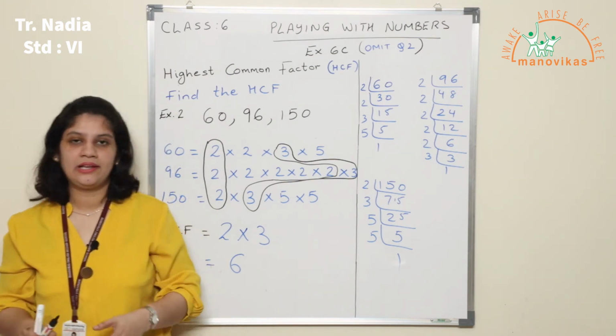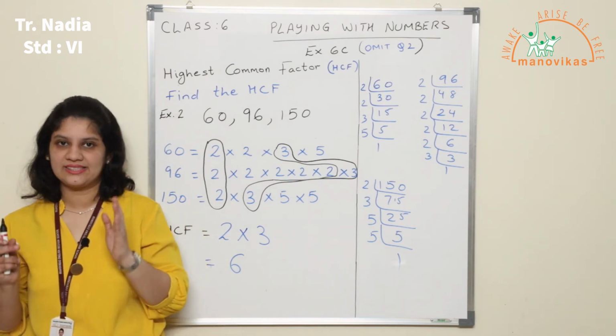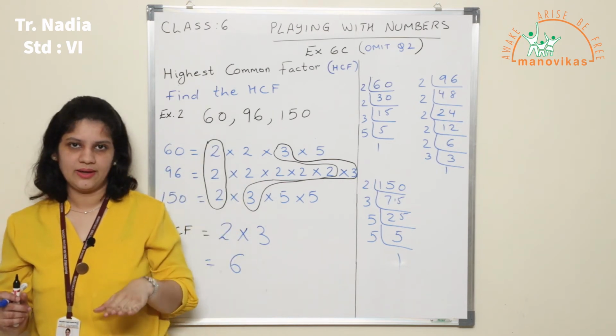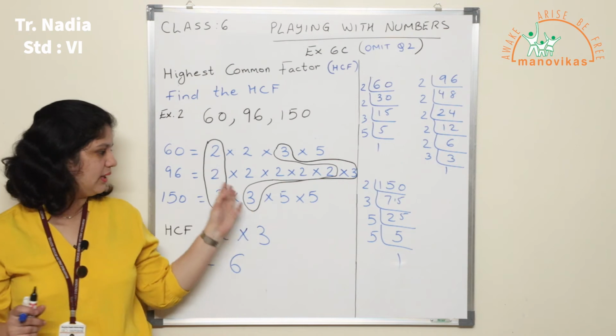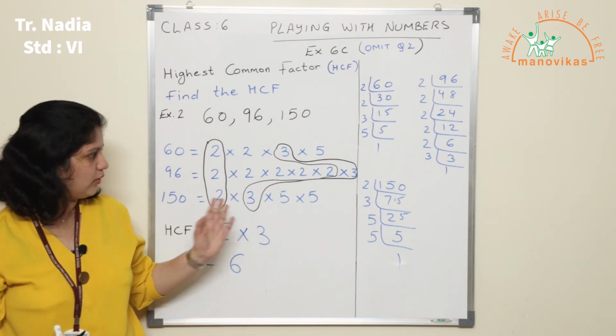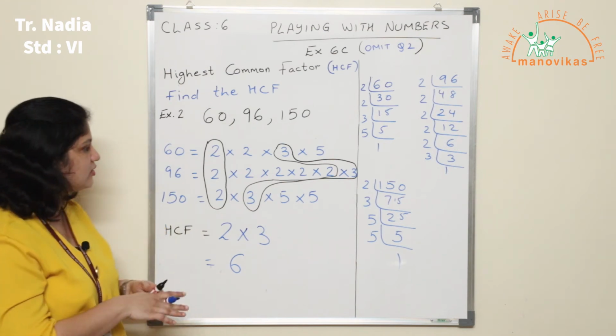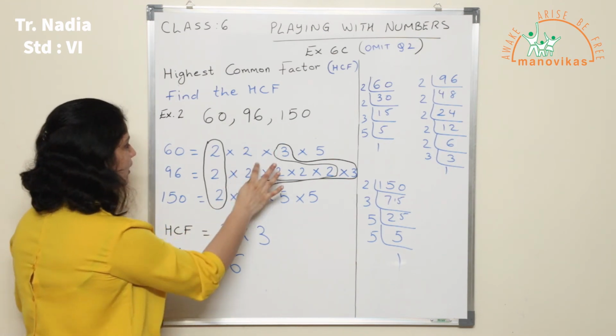Okay, once again I am telling you children, when you are circling to make a set, make sure the digit is common to all the numbers. Otherwise you cannot put them in a set. Alright, so I hope this example also with 3 numbers is clear to you all. Please don't circle like this, 2 and 2.